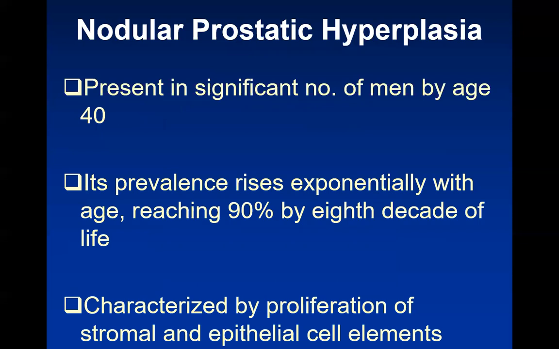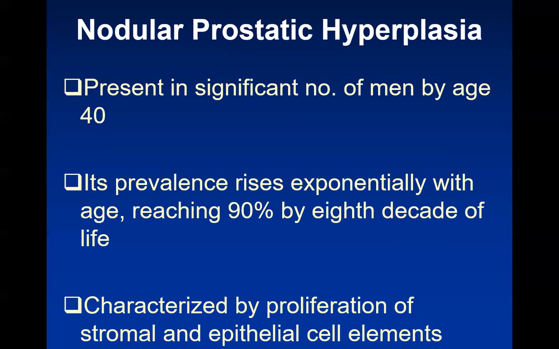Okay, now we are going to be talking about nodular prostatic hyperplasia, the big elephant in the room, so to speak. For many reasons, it's a very common condition. If a man lives long enough to be in his 90s, 95% of men are going to have NPH. The most important risk factor for NPH is age.